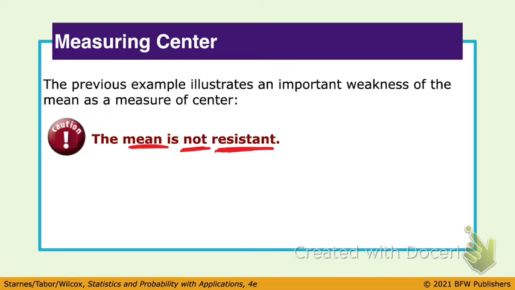All right. So the mean is not resistant, meaning that the mean can't help itself to change, right? Resistance means you don't want to move. You are resisting something. So the mean is not resistant. It is going to probably change if the values are changing.